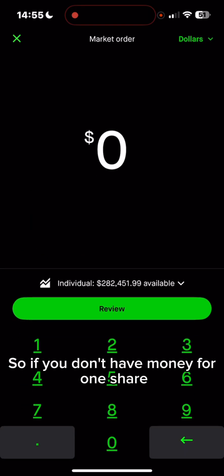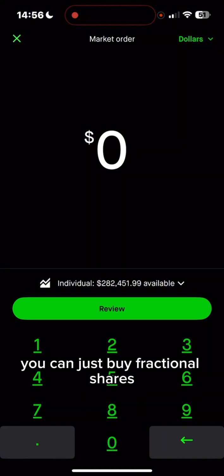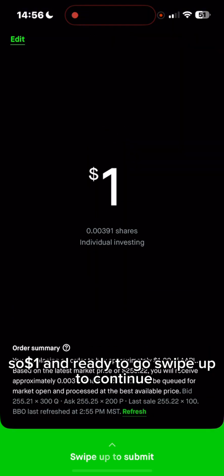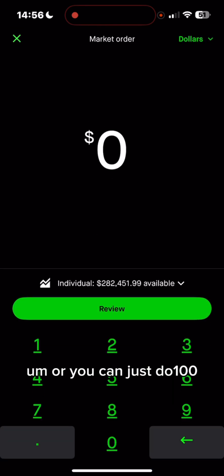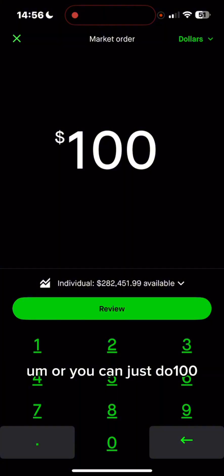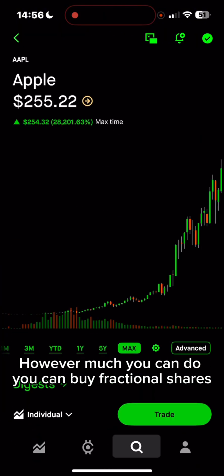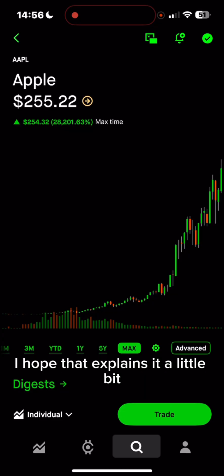So if you don't have money for 1 share, you can just buy fractional shares. So $1 and ready to go. Swipe up to continue. Or you can just do 100, however much you can do. You can buy fractional shares. I hope that explains it a little bit.